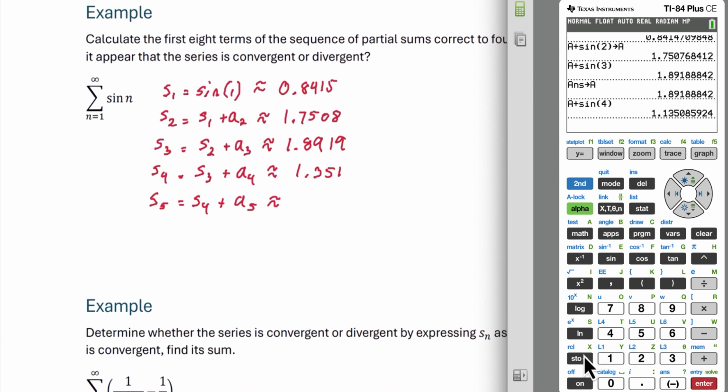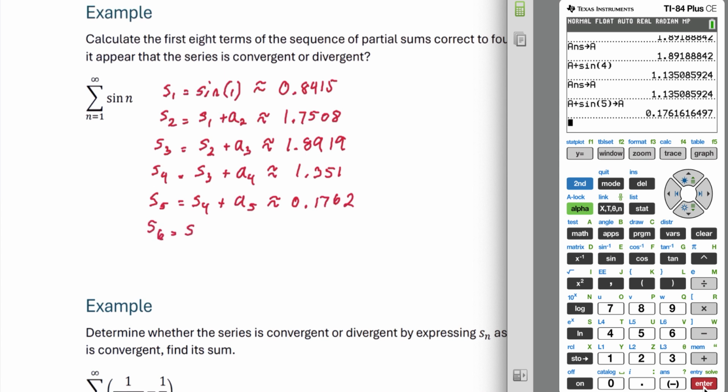Again, I forgot to store that previous one. Alpha A plus sine of 5. I'm going to remember to store it this time. We get 0.1762.